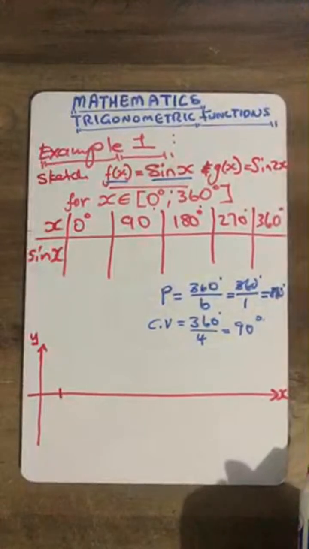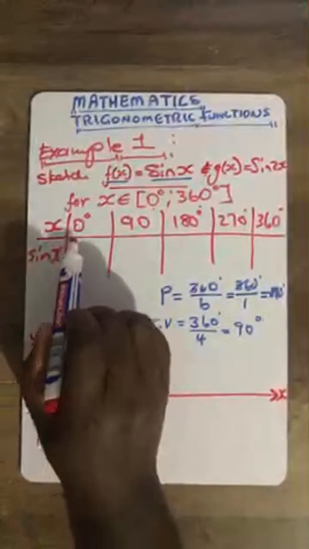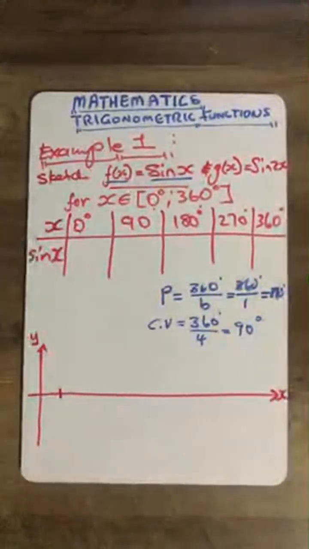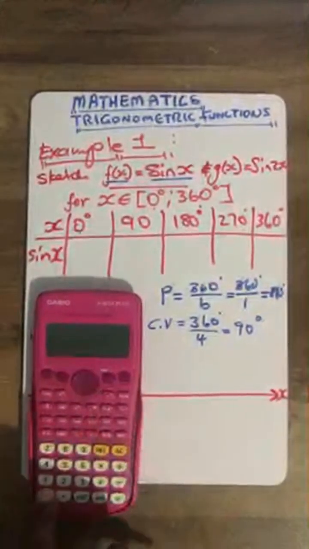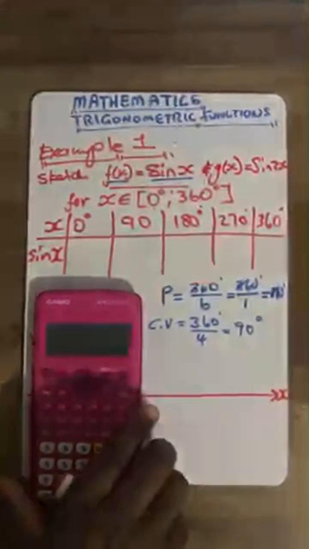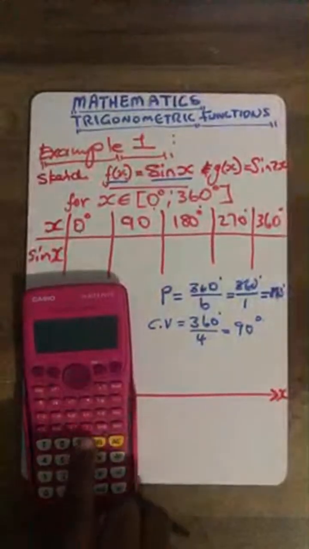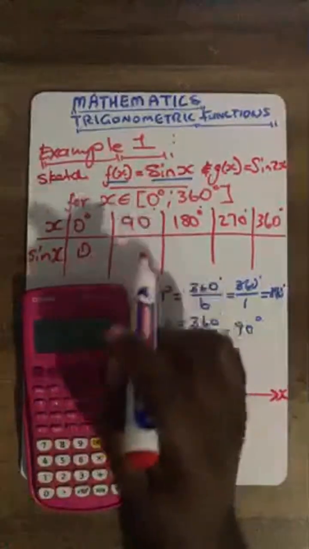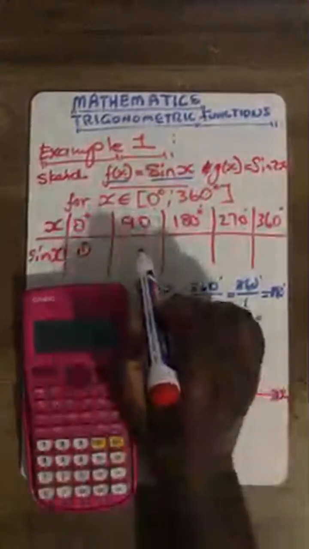And then from there, now you can just say where x is 0, and then you will know what that is. So let's get a calculator and do that. So that means you can easily say sine of 0. You will say sine of 0 equals 0. And then you edit that to 90, and then what are you getting?